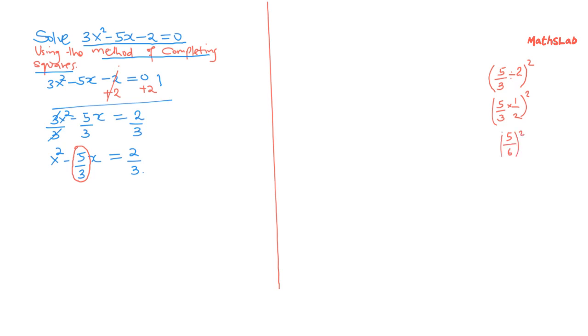Of course everything is squared. Now remember, we picked 5 out of 3 without the negative sign here. We just picked the number 5 out of 3. So what we are going to do with this result here, 5 over 6 squared, is we are going to add it to either side of our expression here.